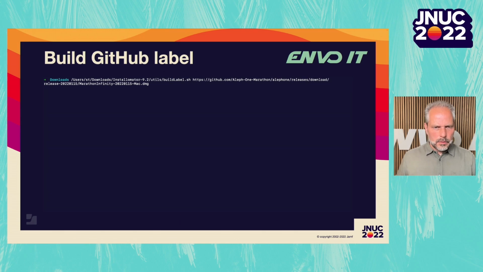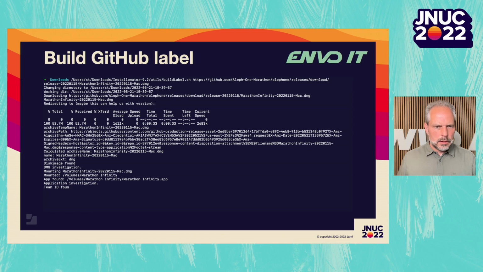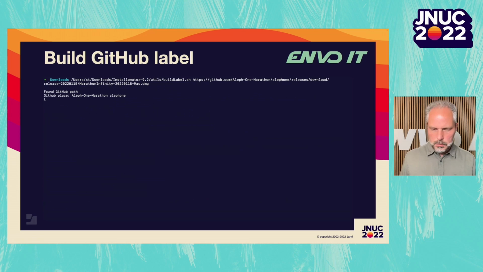I will use the buildlabel.sh script, giving it the URL to the latest version of, in this situation, Marathon Infinity on GitHub, the download URL that you will actually be getting from the website itself. Then it will run through, download the software, look at it and figure out that this was actually coming from GitHub.